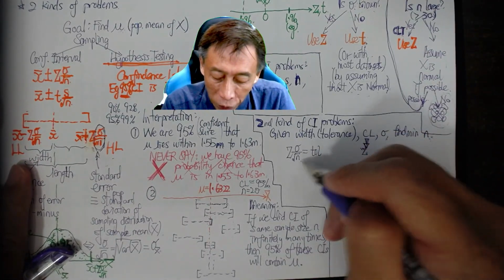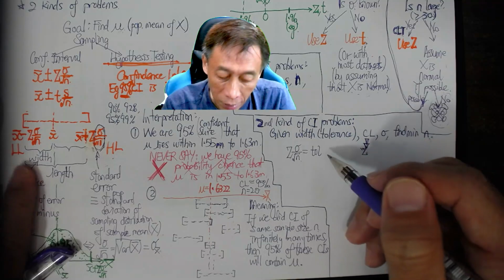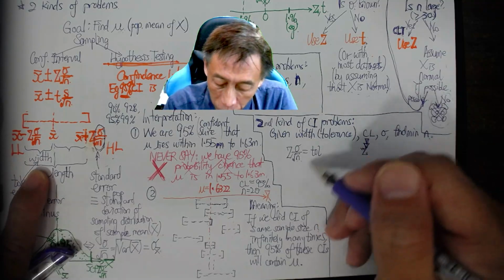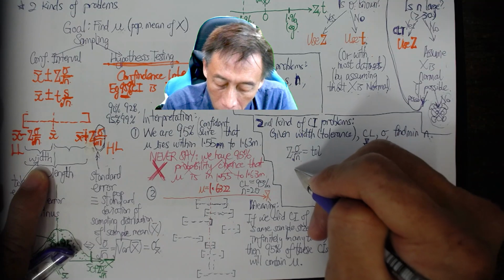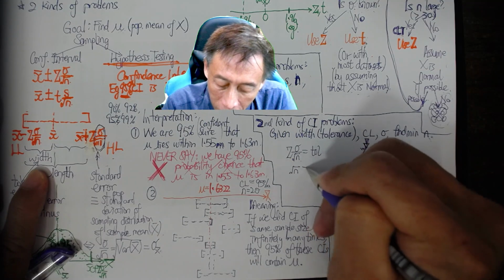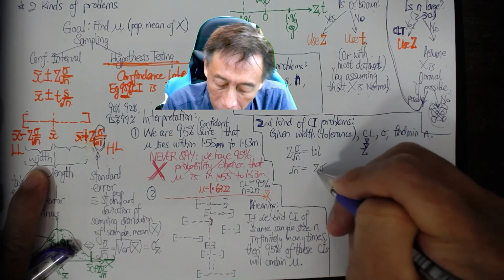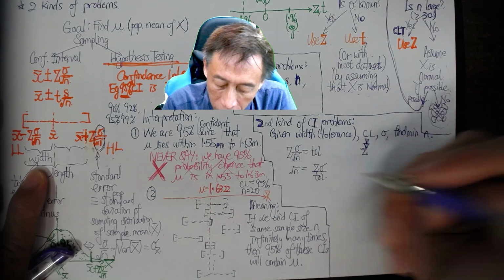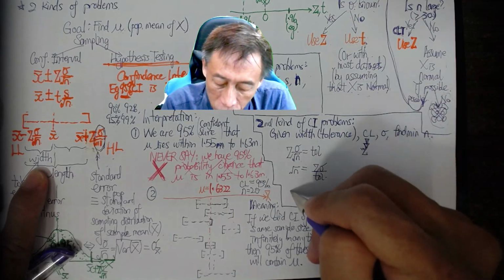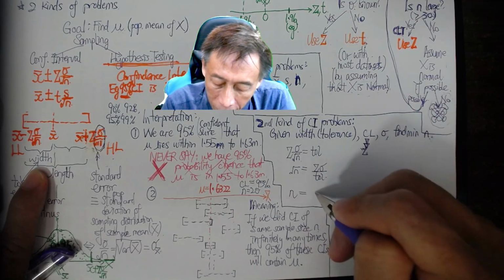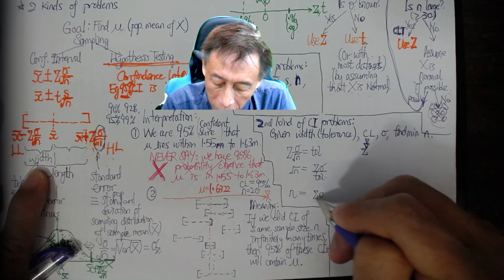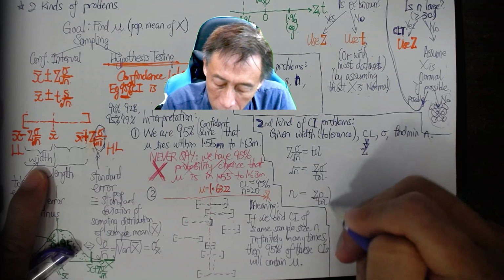So we want to find n, and we know the tolerance, or the width, and we just do the exchange. So square root n is going to be z sigma divided by tolerance. And it doesn't take much to see that I just square them. It will be z sigma over tolerance, squared.